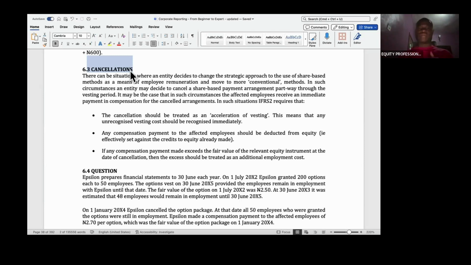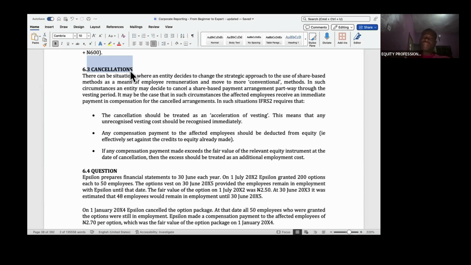I want to cancel this agreement. Which is okay, the employer can cancel. Just that when the employer cancels, it's going to result in the employer having to settle or compensate those employees. You have to compensate.